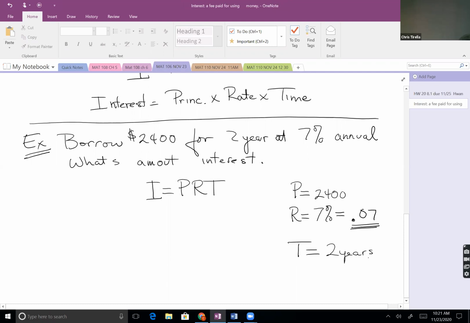After we identify that, we'll rewrite the formula, substituting those values in. And so in my mind, that's the math, that's the reasoning behind it. Now we're going to just type that into our calculators and see what we get.